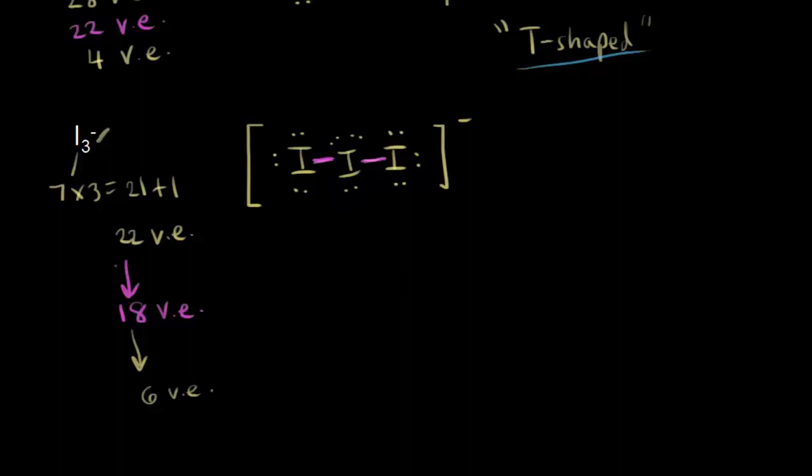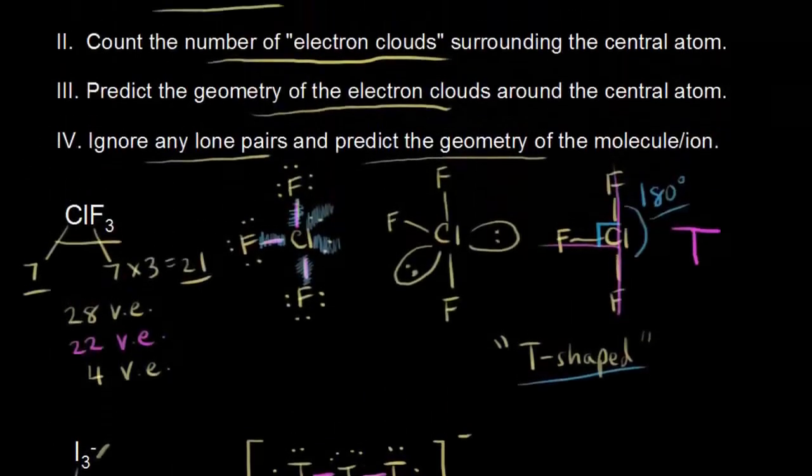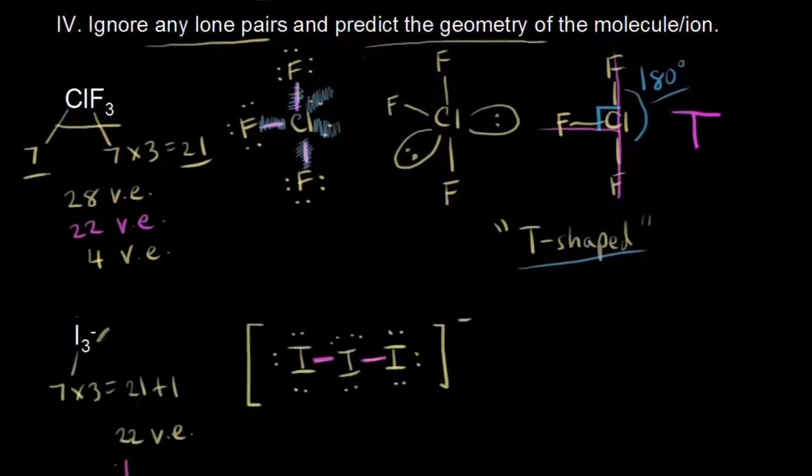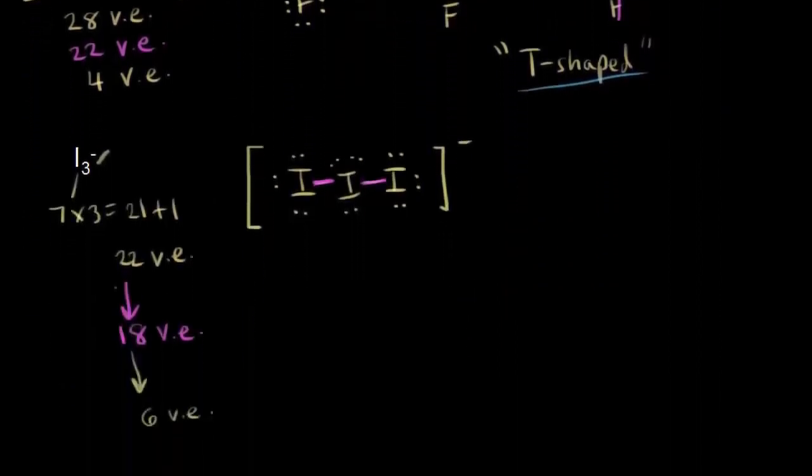Let's go back up here to our next step. Number 1, we've already drawn a dot structure to show our valence electrons. In step 2, we count the number of electron clouds that surround our central atom. So let's look at our central atom and figure out how many electron clouds surround it.